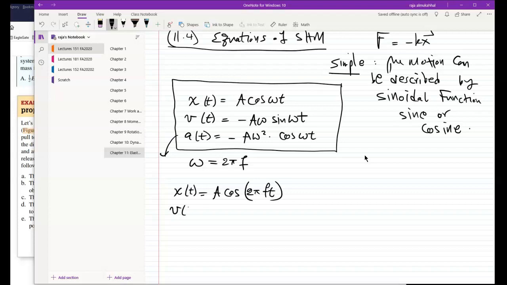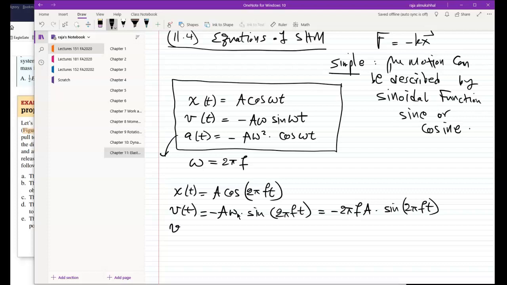And v of t is equal to minus A omega sine 2 pi f t. And sorry, maybe I should also take this omega and replace it with 2 pi f. So that's going to be minus 2 pi f A sine 2 pi f t. You see what I'm saying?